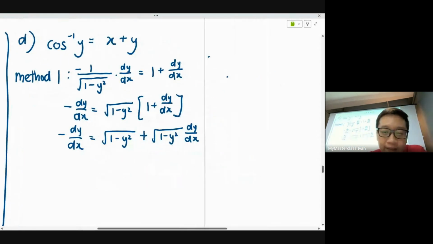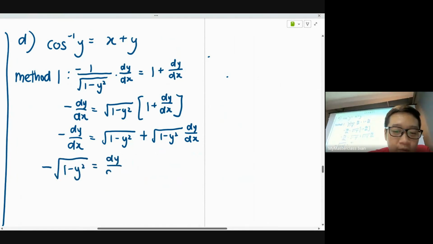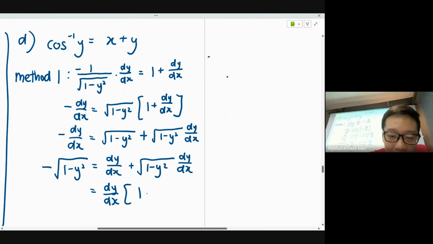Now group all the dy dx together. Negative square root 1 minus y square equals to dy dx plus square root 1 minus y square dy dx. Now you factorize. Dy dx factorize out 1 plus square root 1 minus y square.